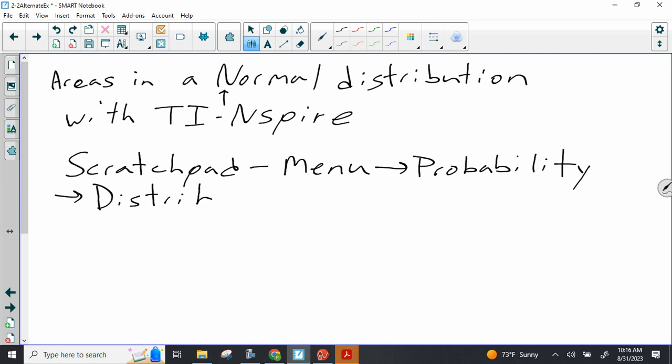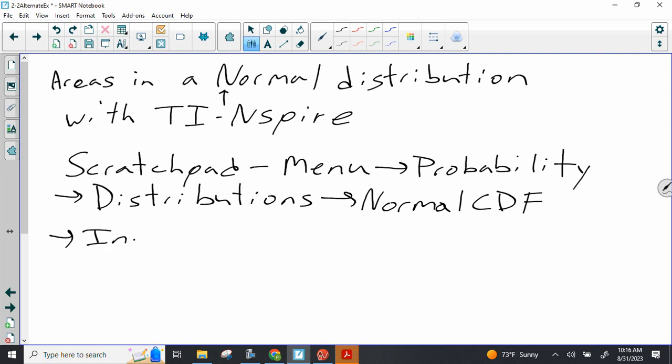Then we're going to choose normal PDF, normal CDF, and then input values. Just in case you needed a little guide for your calculator commands, there you go.